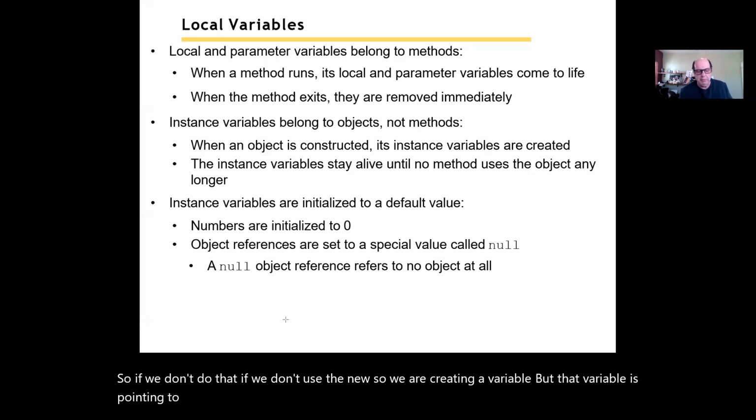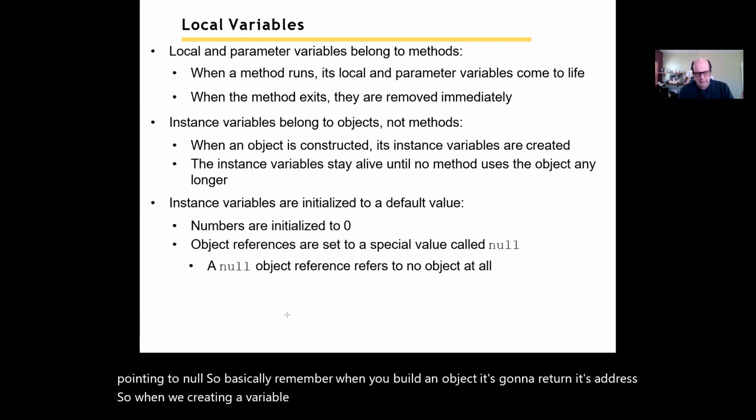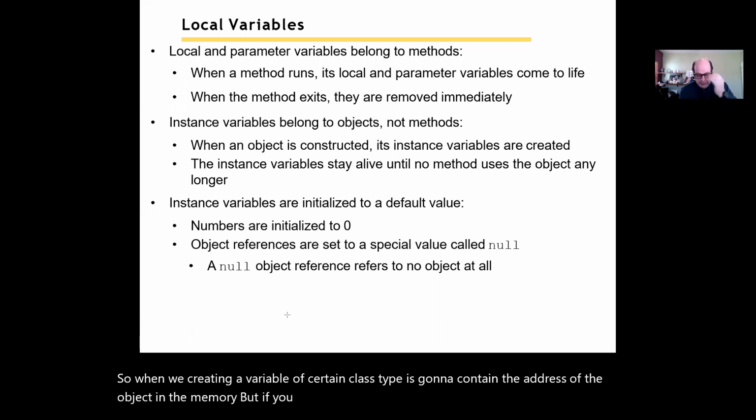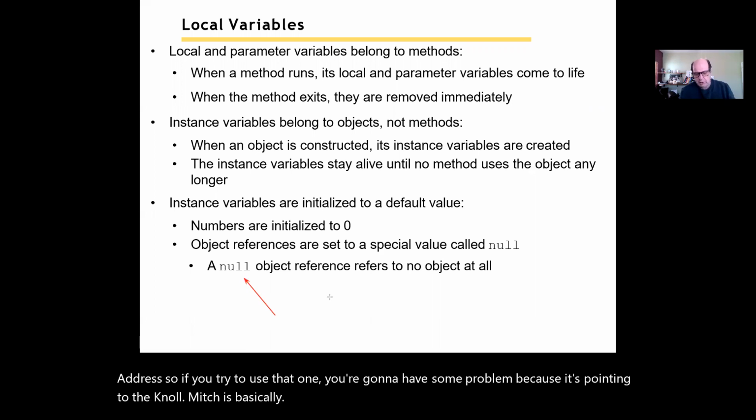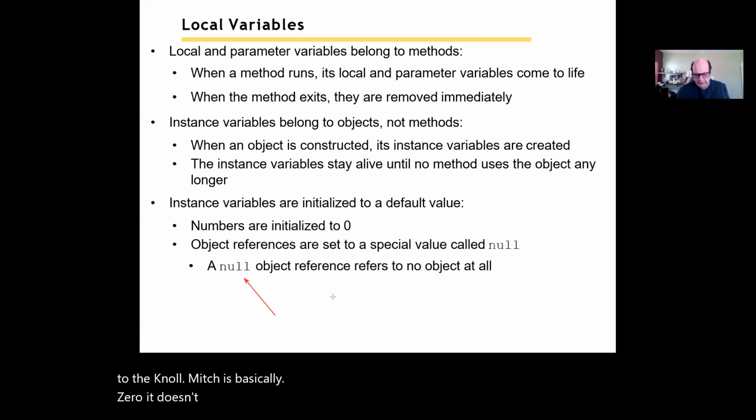Remember, when you build an object, it returns its address. So a variable of a certain class type contains the address of the object in memory. But if we don't do that new, it doesn't have an address. If you try to use it, you're going to have some problem because it's pointing to null, which is basically 0. It doesn't have any address in it, so we cannot access the methods of that one.